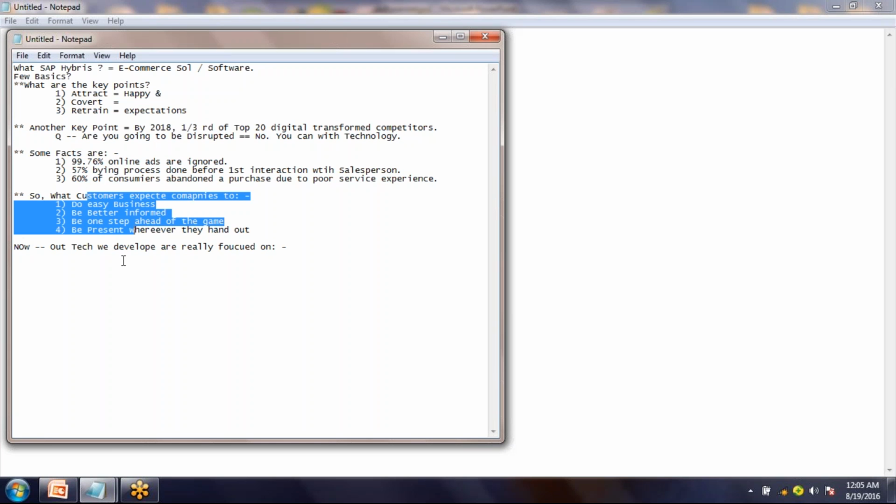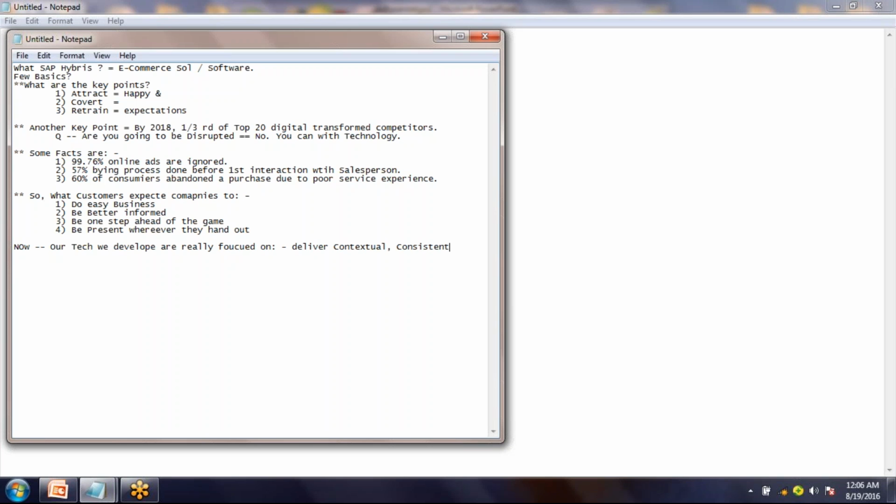Based on all these things, the technology we develop really should focus on enabling companies to deliver contextually consistent, let me put that word so that you understand more, contextual, consistent and relevant experience regardless of channel or device throughout the customer journey.